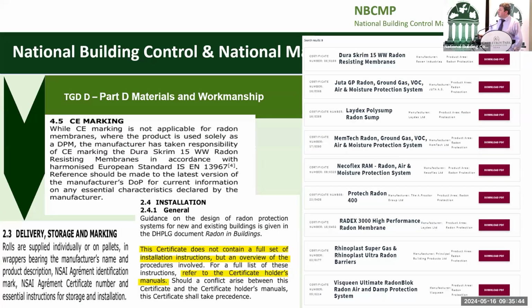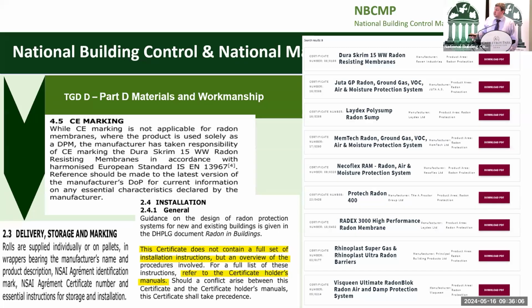You can see a list of radon products that have Agreement Certs. The CE marking is not applicable to radon membranes because it's not a harmonised standard, but the membrane part of it can be DOP CE marked because it is a harmonised standard.